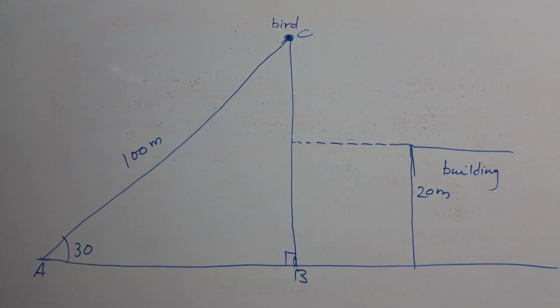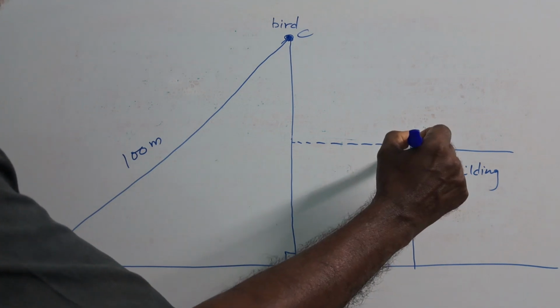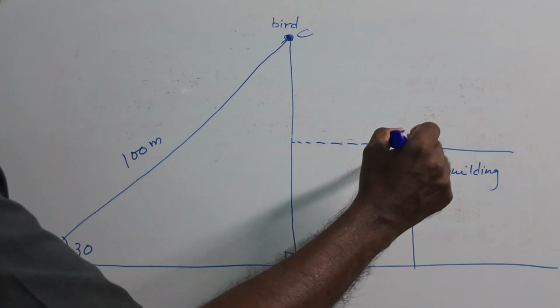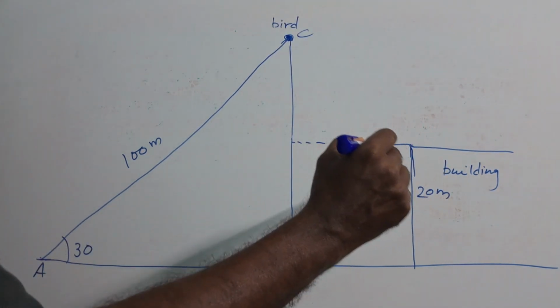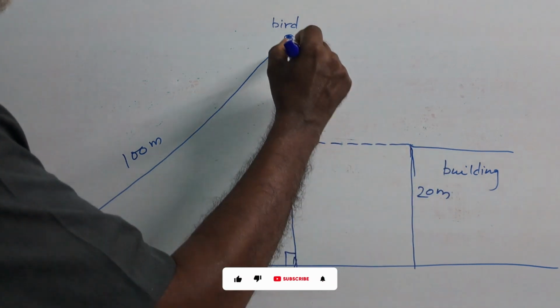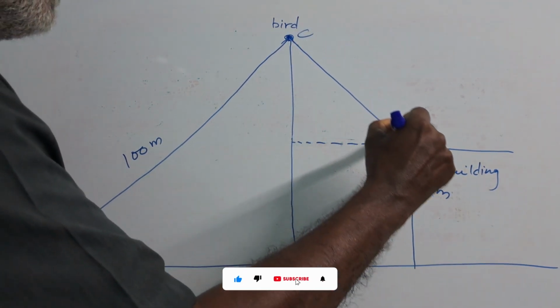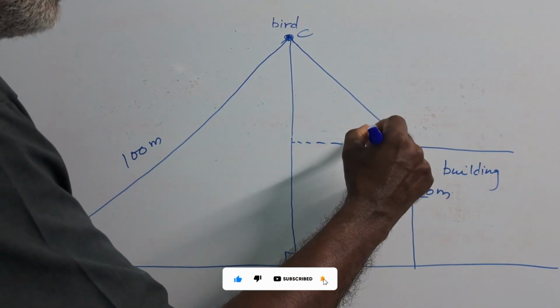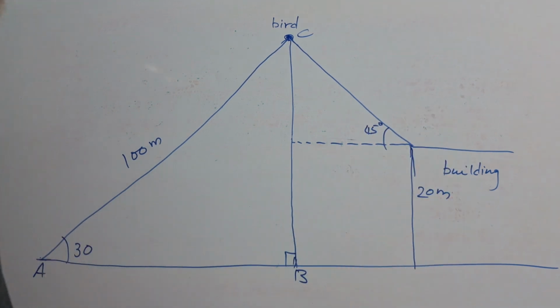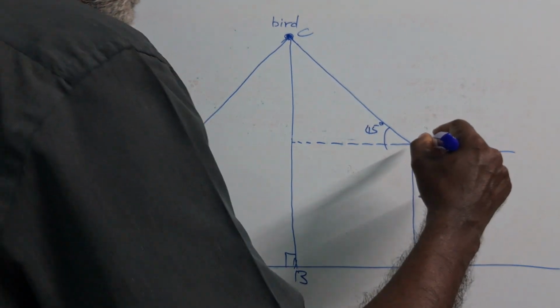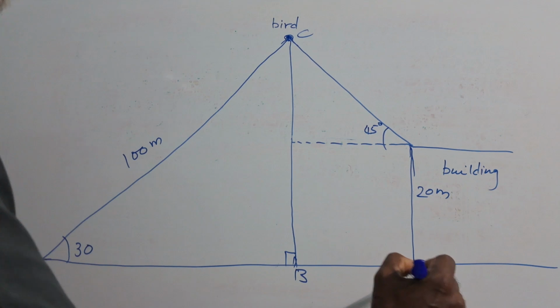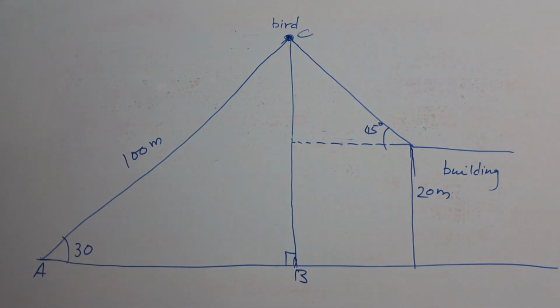Now we have another observer, a girl observing the same bird from the top of a building, and the angle of elevation is 45 degrees. This angle is 45 degrees from the top of a 20-meter tall building.